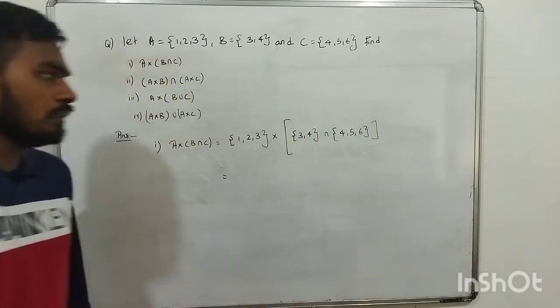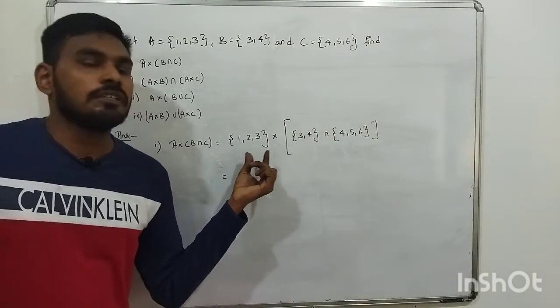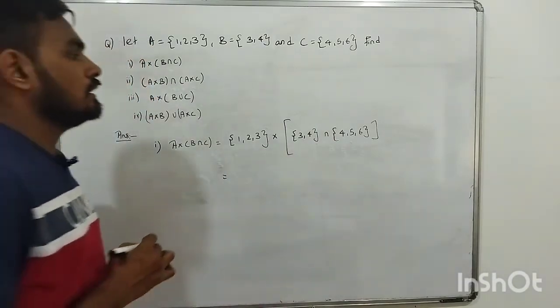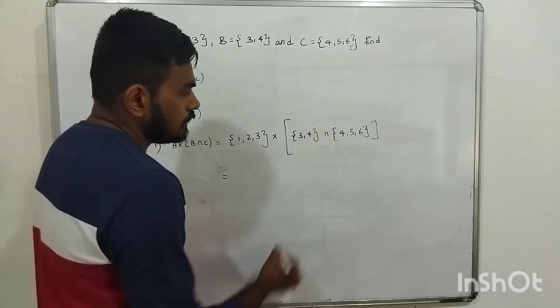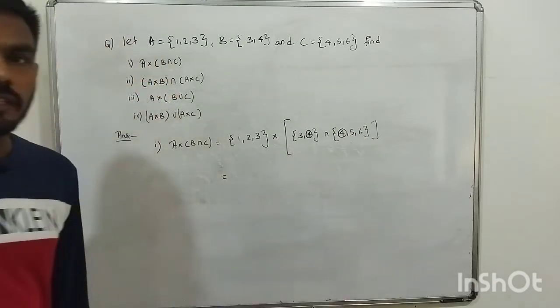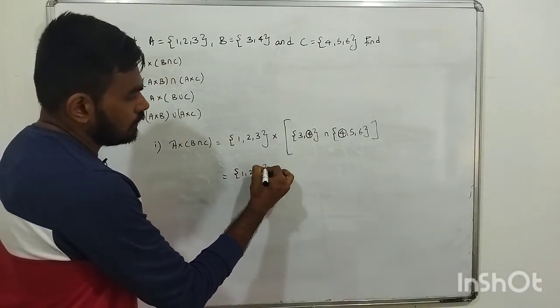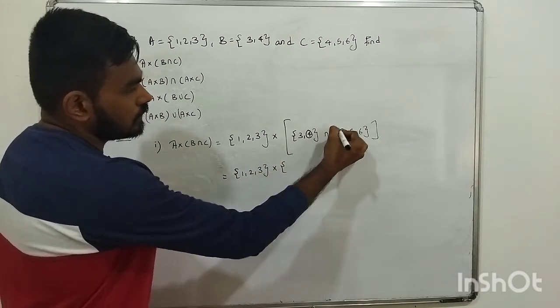First I'll solve the bracket, and then whatever answer you get, take the cross product with this. Since this is intersection, only the common element we write. The common element is 4. So {1, 2, 3} cross {4}.